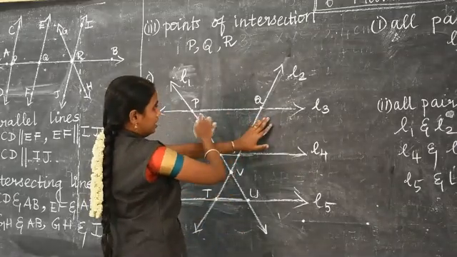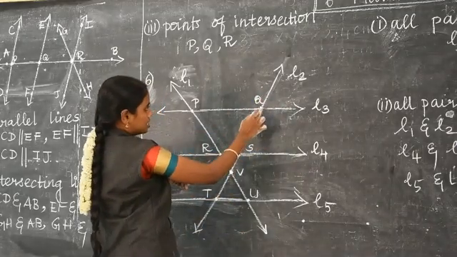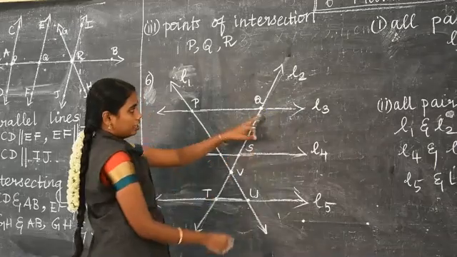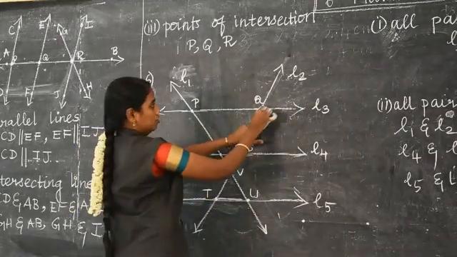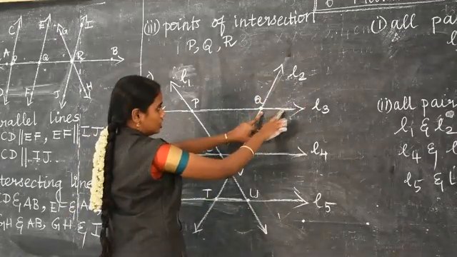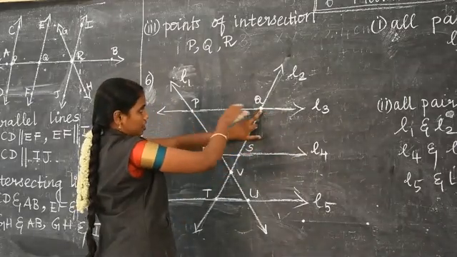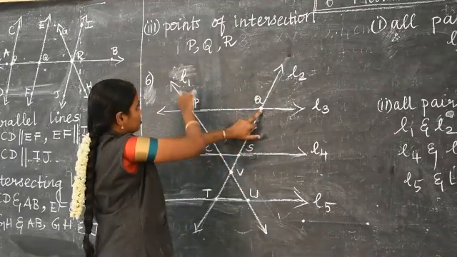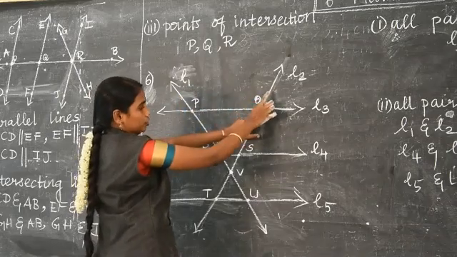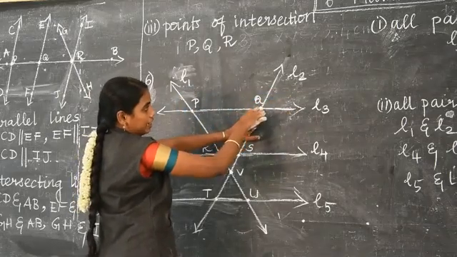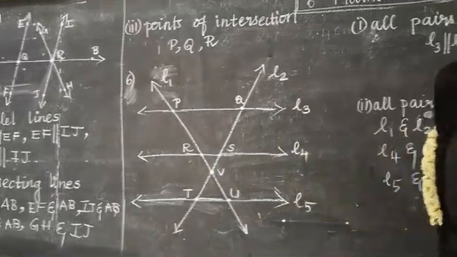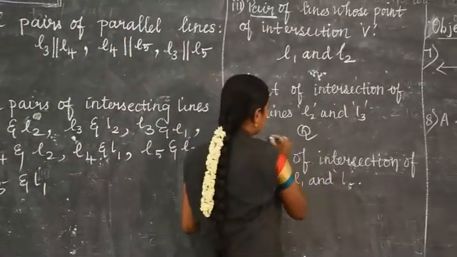L2 and L3 is cut by the point Q, yes or no? You cannot go for the L4 line. So L2 and L3 cut by point Q. The point of intersection is Q.